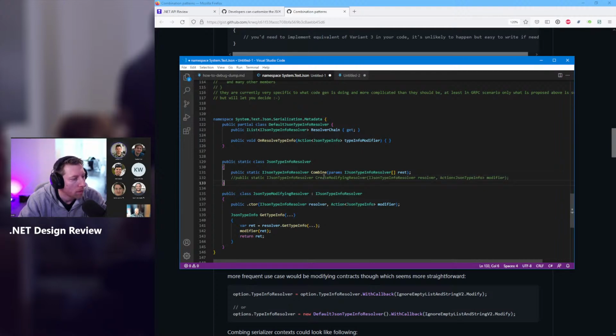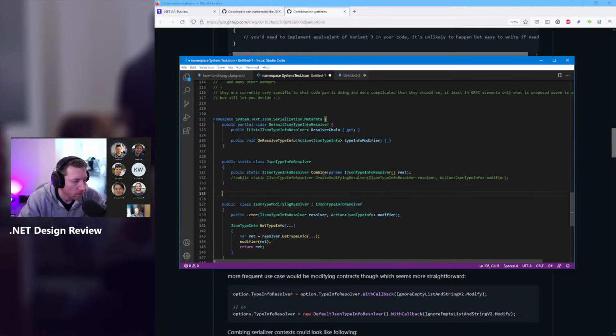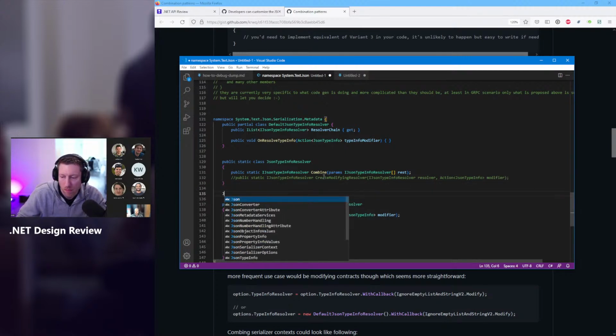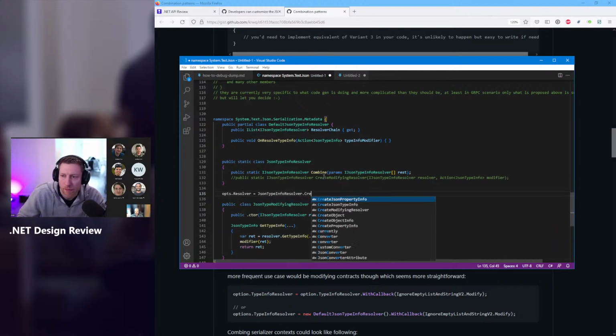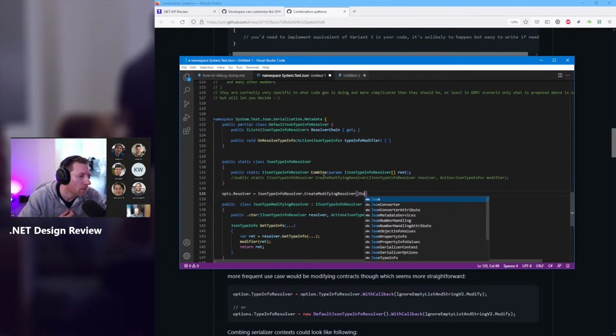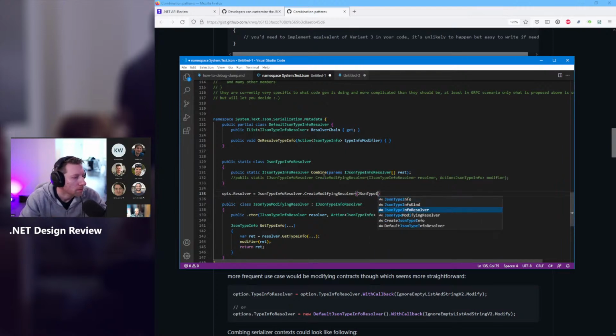So you could potentially call combine and then take the output of that and feed it through the wrap method. Ops.resolver is JSON type info resolver dot create modifying resolver, JSON type info resolver dot modifier, like that.